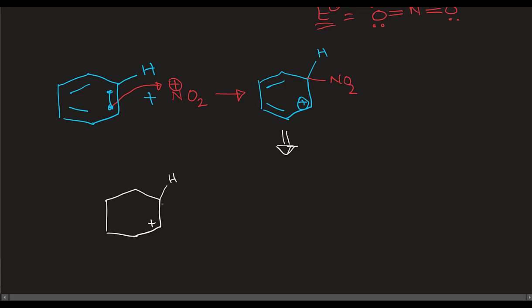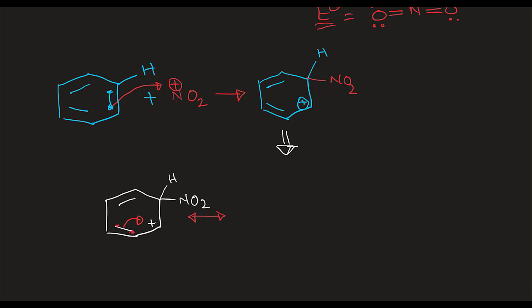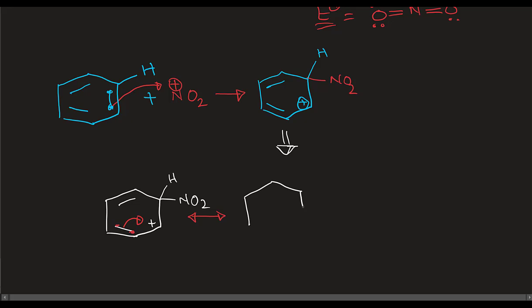Now, you want to look at the details of this sigma complex, and it's no longer aromatic now. So now what happens? We can move around this positive charge within the benzene nucleus, and the lone pair moves into the positive, and the positive moves into the next carbon here. Right? Now we have a new pi bond, the old pi bond, and the H and the NO2 as it is.